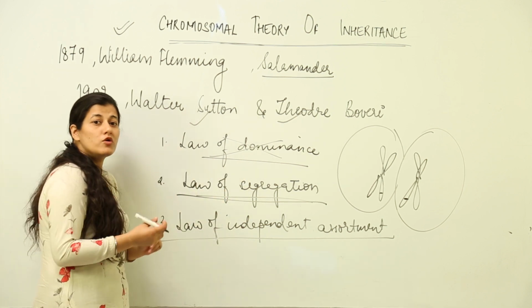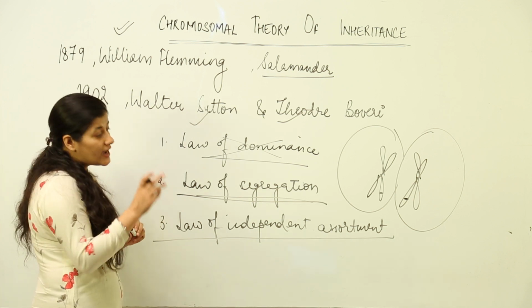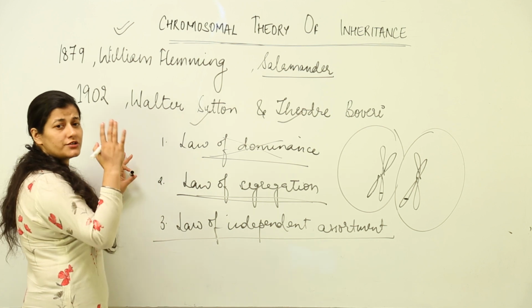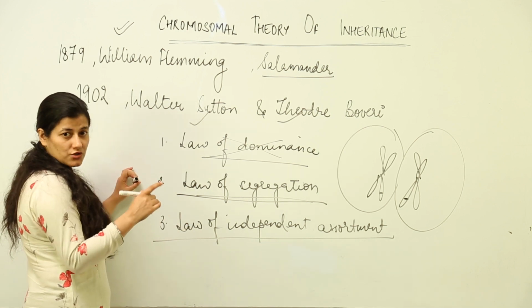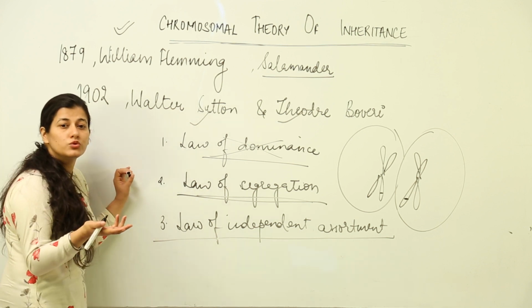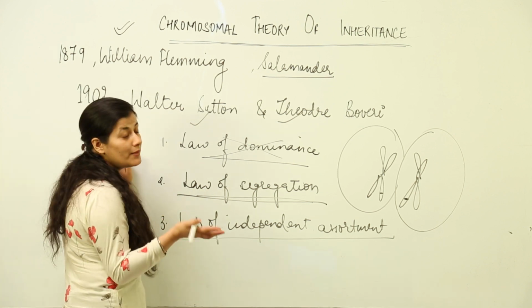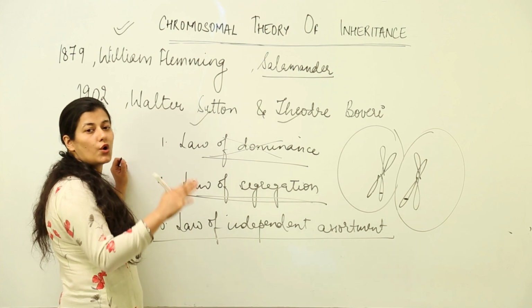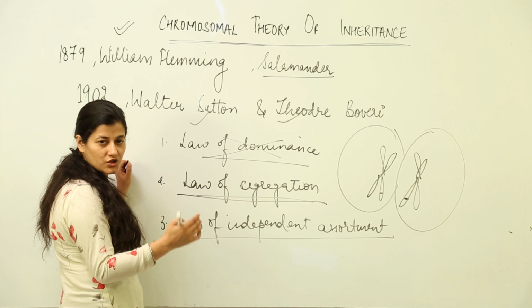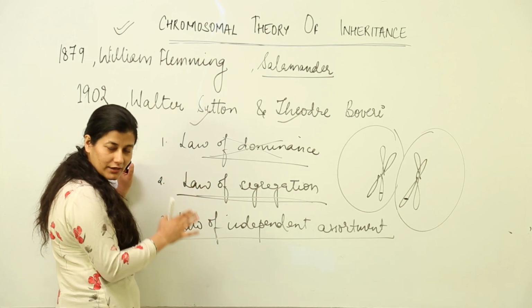Now, how to propose that these genes are located on the chromosome? The only point you have to keep in mind, if you can't remember anything, is that genes or Mendelian factors can both be used interchangeably. Rather, if you use genes, that would be a better version. The genes are located on the chromosome. How to propose that? There are certain characters which are regulated by factors and their alleles.